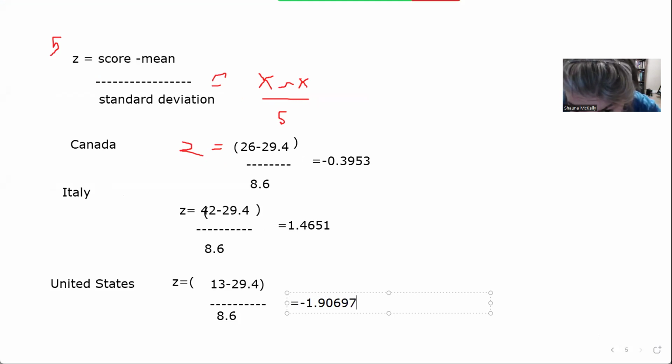1.90697. Usually when we round, we change one digit. We want to round this to 4 places after the decimal. So 9069. There's a 7 here behind this 9. And we want to look at this 7, okay? This 7 is larger than 5.